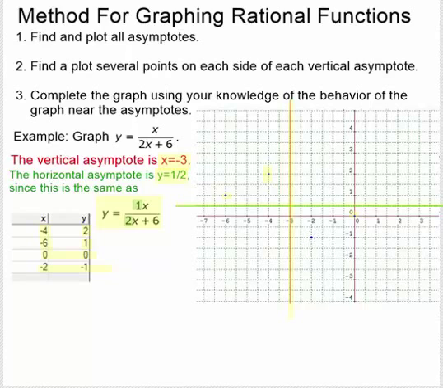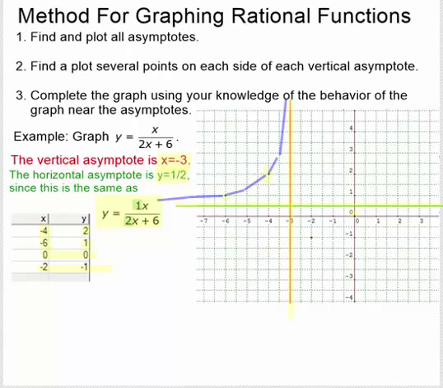Now we just draw a curve through these points. And I'll do my best here with the graphics that I have. Just connecting up these 2 points on the left, we see that the graph is trending up towards the vertical line. That means it's going to continue trending up to positive infinity. It's leveling out from above on the line y equals 1/2, and it's going to continue to level down to that line.